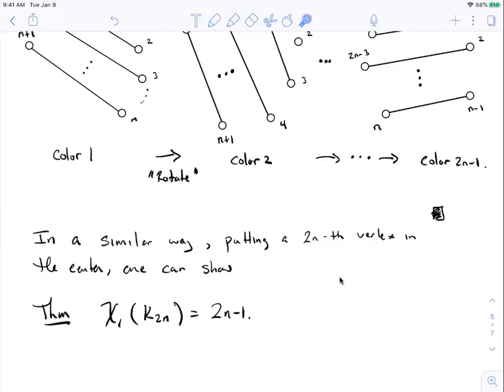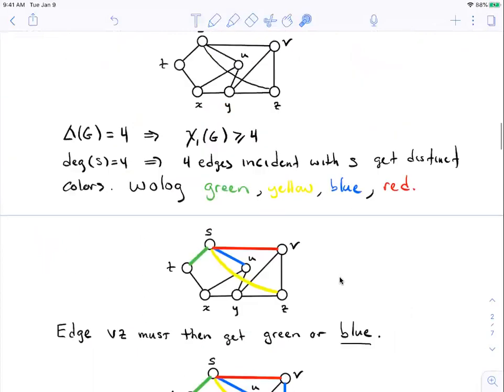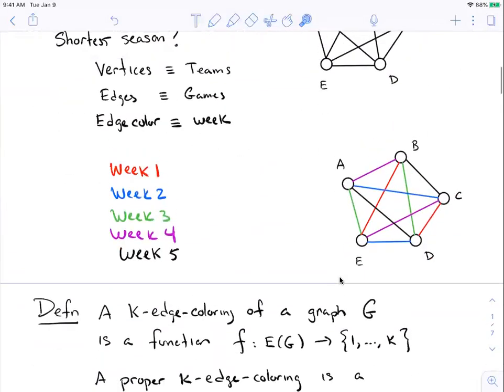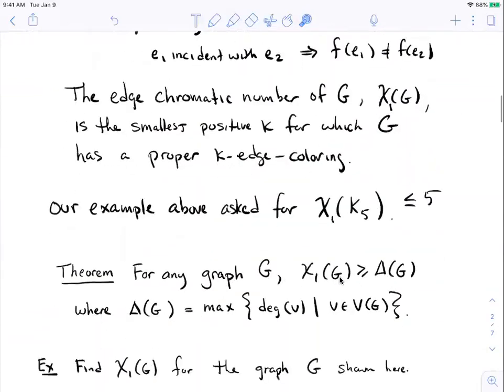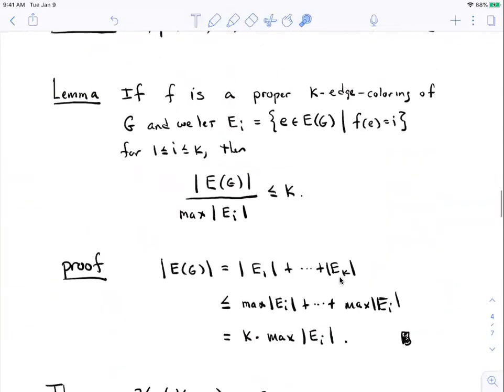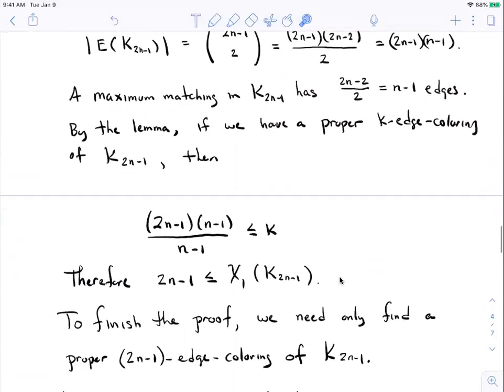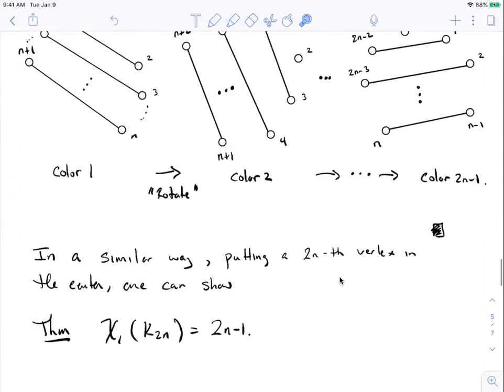If you had Team F join this league, in week 1, have Team F play Team A. In week 2, have Team F play Team B, and so on. That's what I mean by sticking Team F in the center and coloring accordingly. Nice. I hope that was at least slightly illustrative of a couple of techniques, this rotating idea.